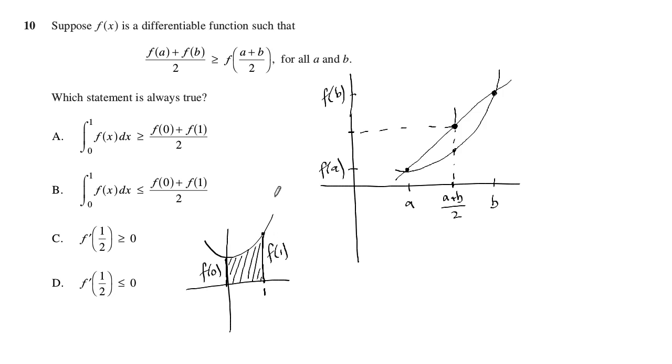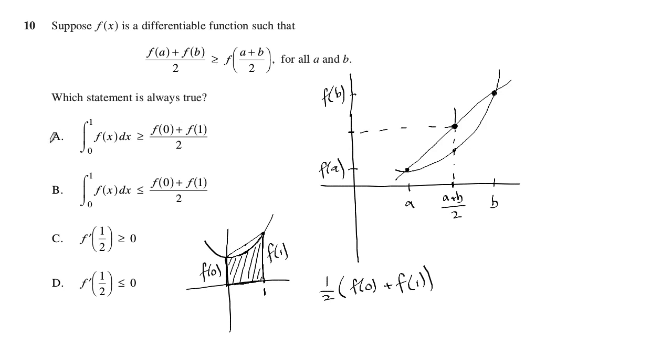And so what we could do is think of this as the area of this trapezium, because that would be the height of the trapezium, which is 1, divided by 2, and then you've got the 2 lengths. So that gives you the area of that trapezium. And we can see that the trapezium is going to be bigger than the area under the curve if it's a concave up function, because this has to be lower than this. So it looks like B is going to be true.